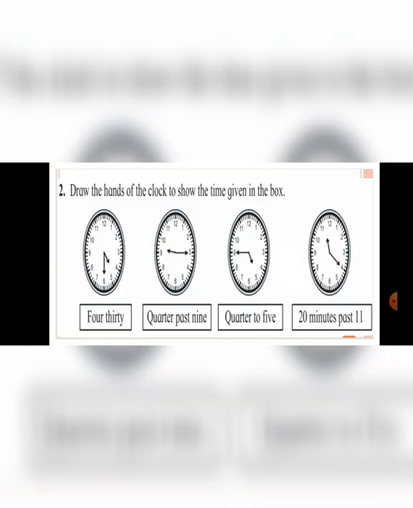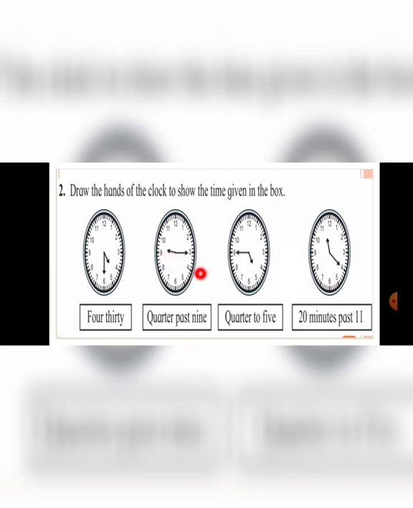Then the next question: draw the hands of a clock to show the time given below. Now here it is 4:30, that means your hour hand should be on 4 and the minute hand should be on 6. Then it is 9:15, so your minute hand should be on 3 and the hour hand should be on 9.